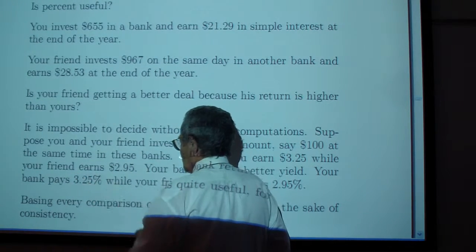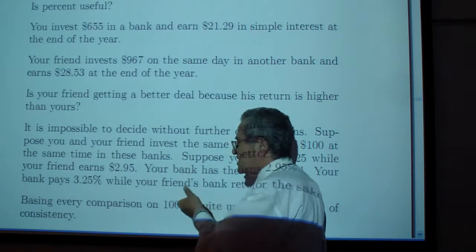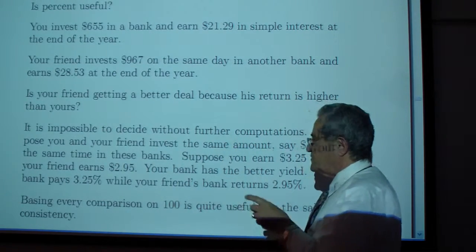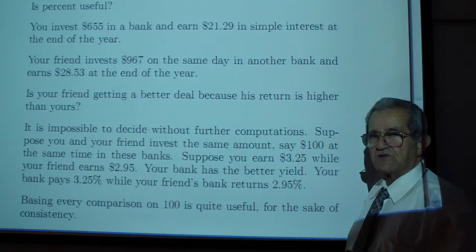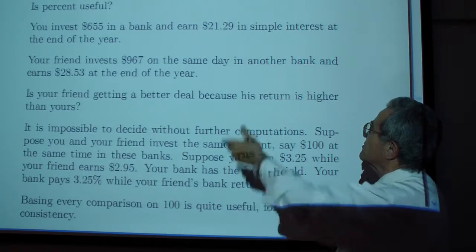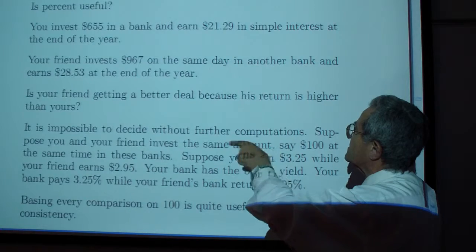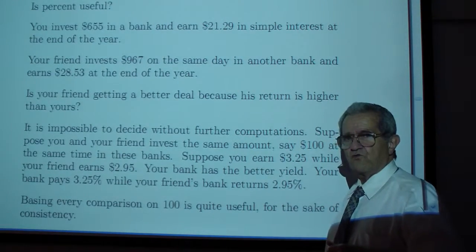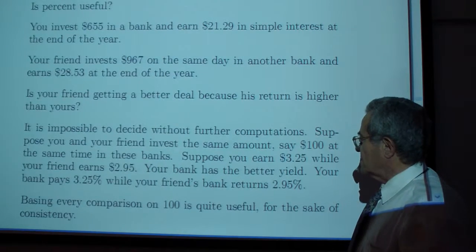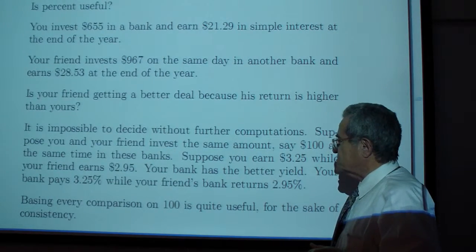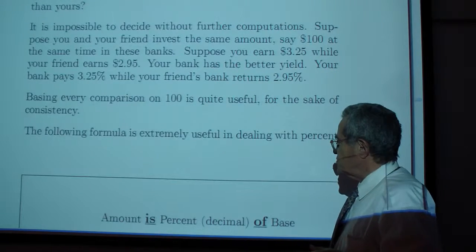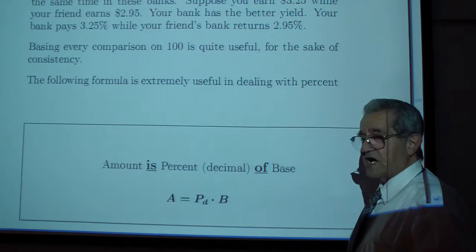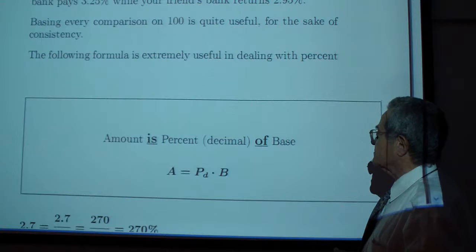Obviously, you are better off. You can gauge because both of you have the same base, the $100. Not like you have 665 and he has 967, and then you don't know which is the better deal. Here, you can look at the figures immediately. So using a base like 100 is useful.